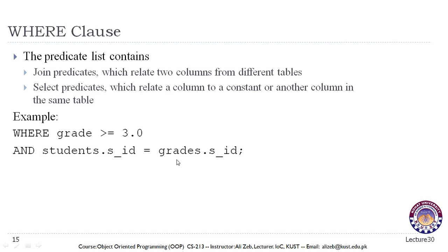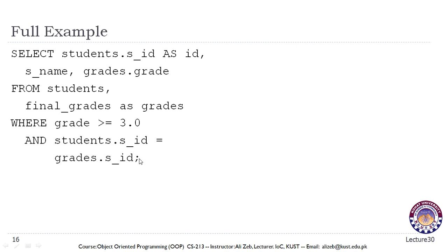We have stored the grades of the students in the grades table with the student ID, and then we have the students' original IDs and names in the students table. So this is how we can break up our data into different tables, and then connect those tables using our SQL queries. This is the full statement as we can see over here.